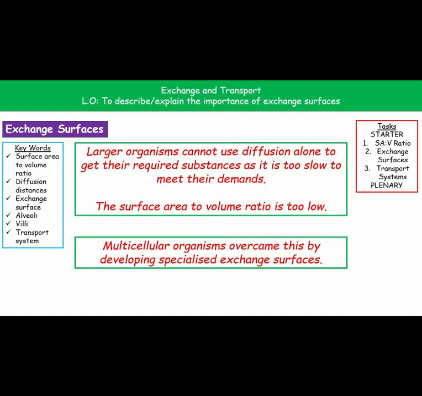The way that our multicellular organisms have developed to overcome this is that they've got specialized exchange surfaces. So they've obviously recognized the fact that in their evolution this isn't working with just diffusion alone, and we've then developed these specialist exchange surfaces to actually make it so that we can meet our demands. So make sure you've got those answers written down if you didn't get them right.